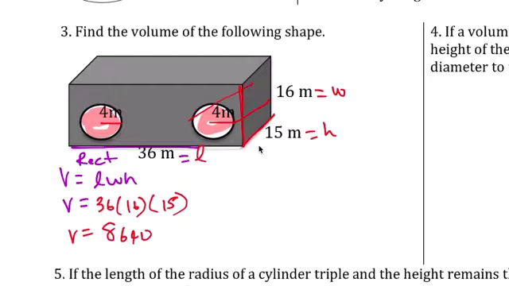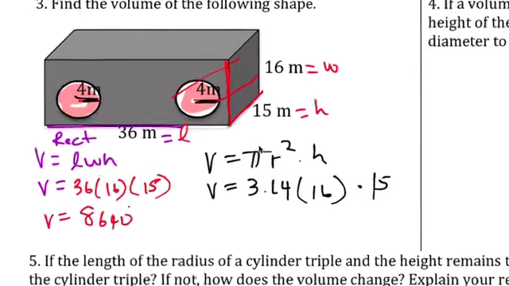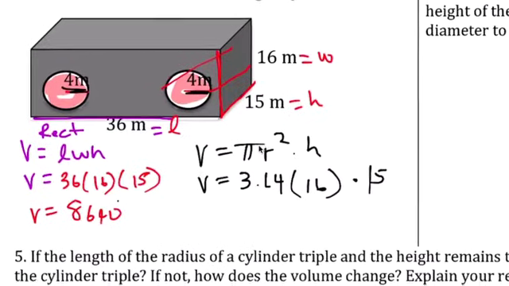Okay. And there are 2 cylinders, 1, 2. And on your paper, I forgot to draw in this line the radius. So volume is pi r squared times height. Volume is 3.14 times radius squared, which is 16, times height, which is 15. Remember, there's 2 of them.